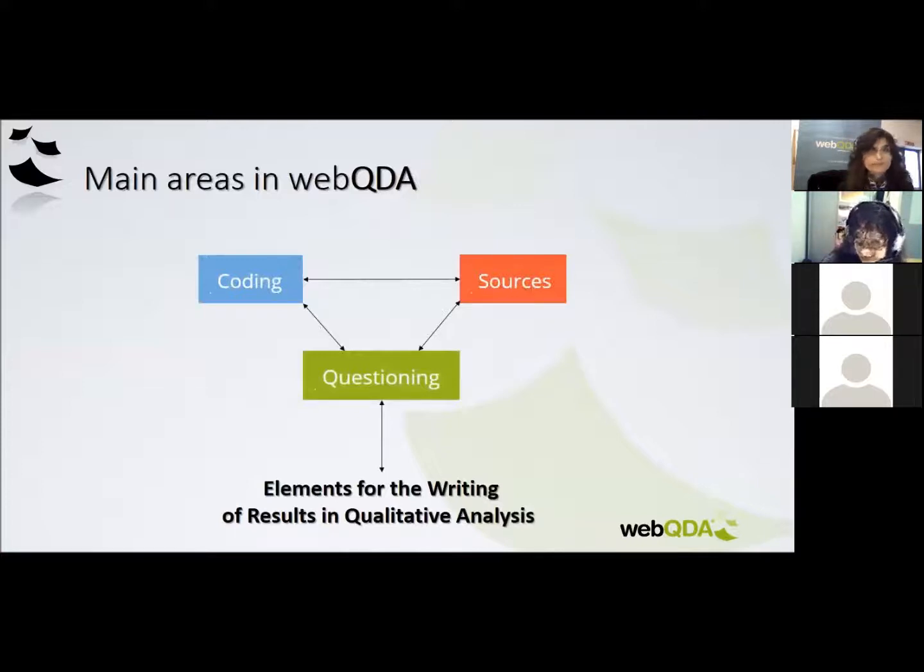And the process of conducting queries, of questioning the data, will allow you, using webQDA, to find information that will be helpful in writing the results of qualitative analysis. And some of the features are also very interesting when you are presenting your work at a conference.